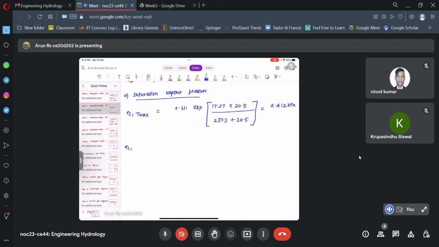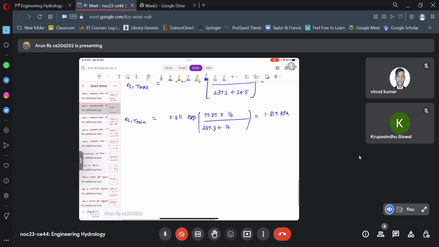So again ES corresponding to temperature minimum, this is 1.819 kPa.